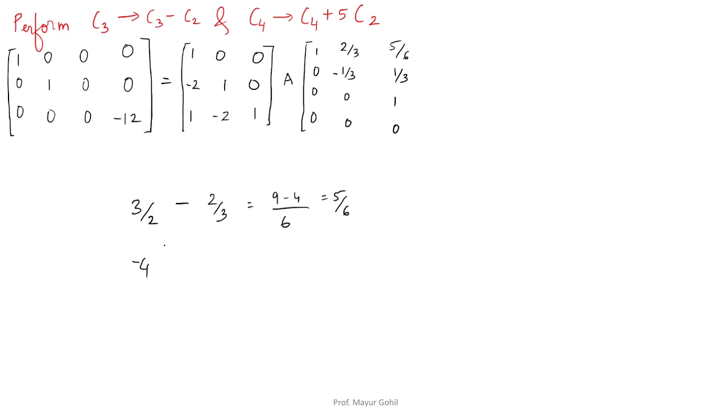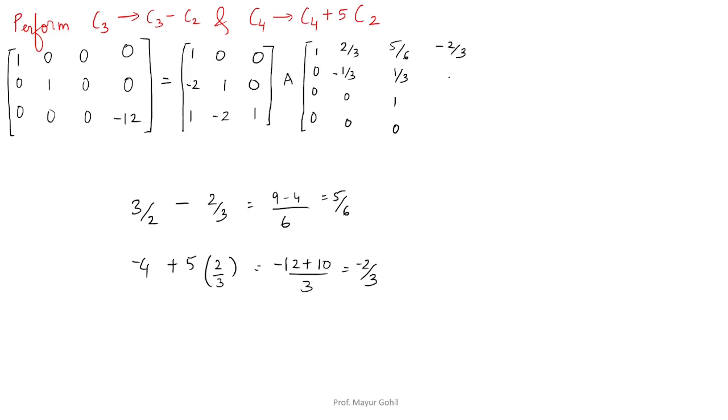Okay. And for minus 4 in the fourth column it will be plus 5 times C2. C2 element is 2 by 3. So it will be minus of 12 plus 10 by 3, which is minus of 2 by 3. So this element will be minus 2 by 3.